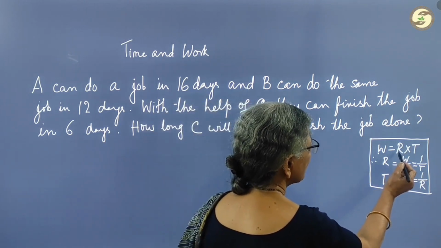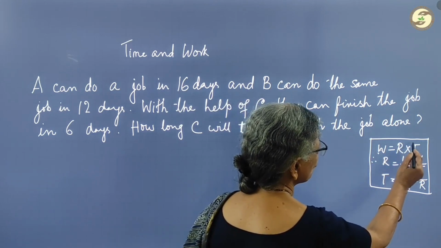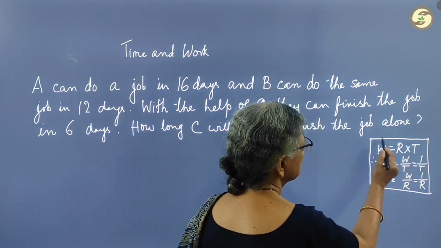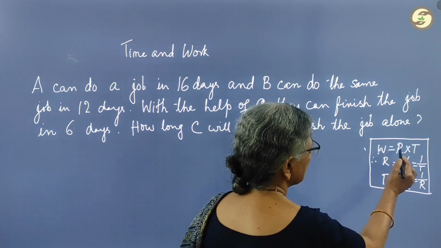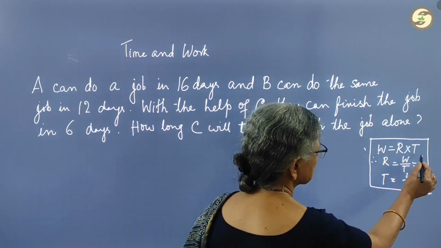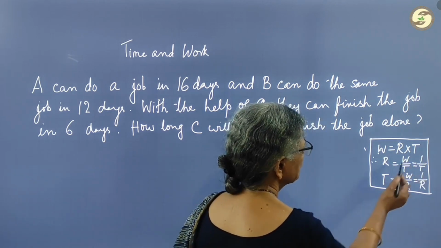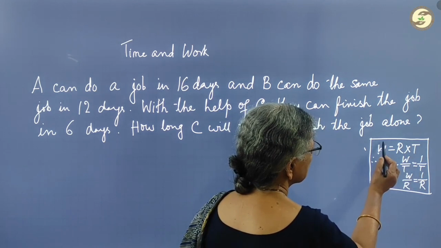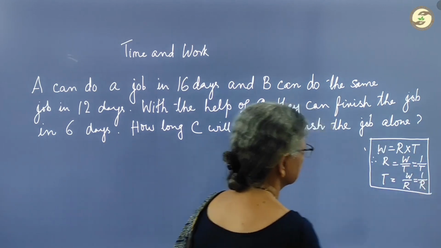In 1 day he does R amount of work, and so in total time he will do the whole work, that is 1 unit. R is equal to W by T, that is 1 whole unit by T. Same way, T is equal to the whole work by rate of work, that is 1 by R.